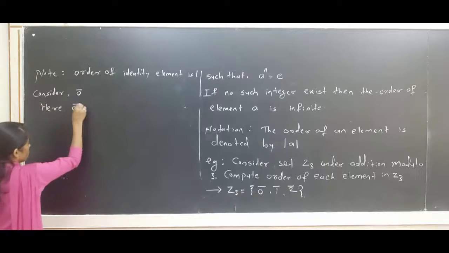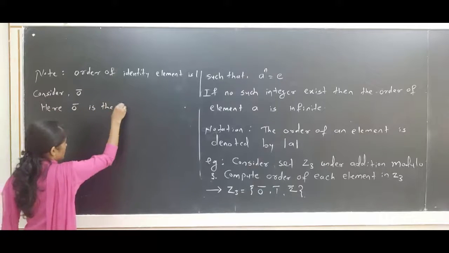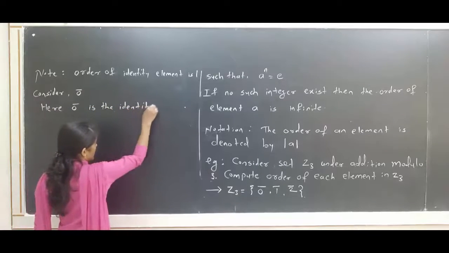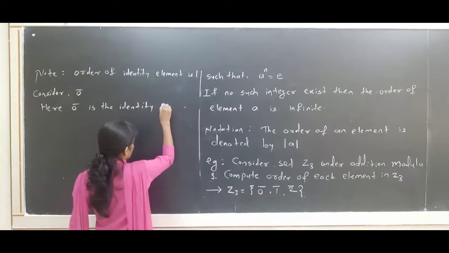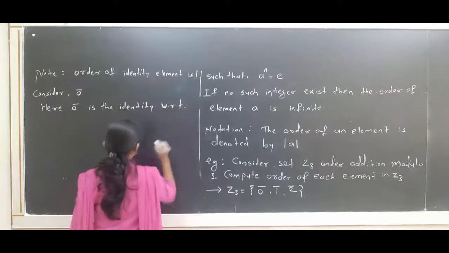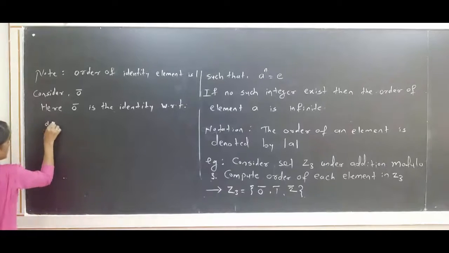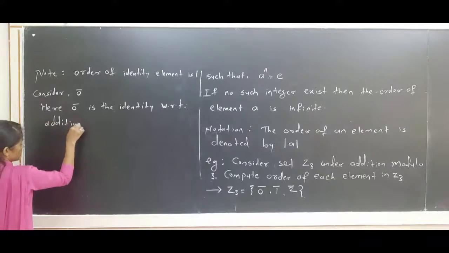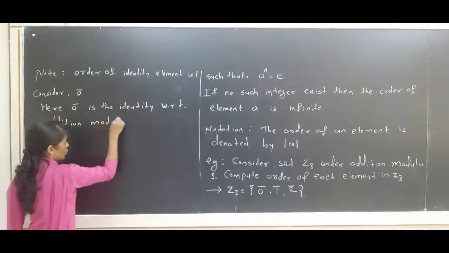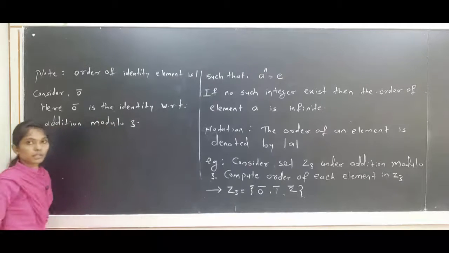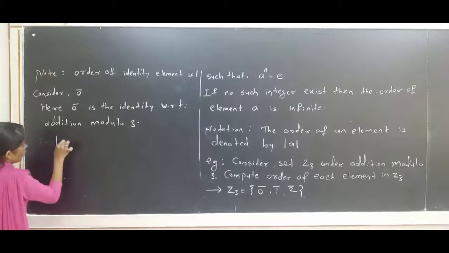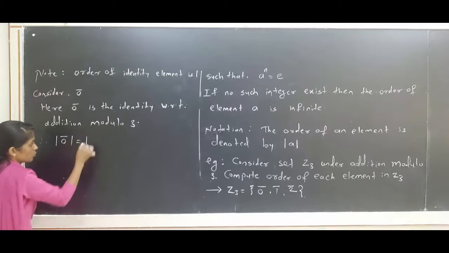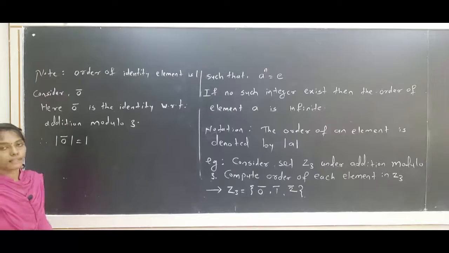Here 0 bar is the identity with respect to addition modulo 3. Therefore the order of 0 bar is 1 since it is the identity.